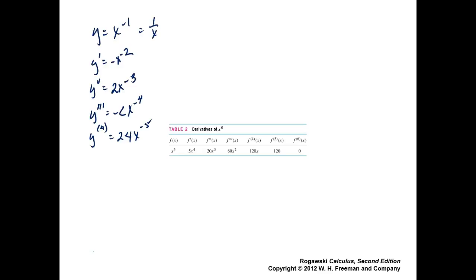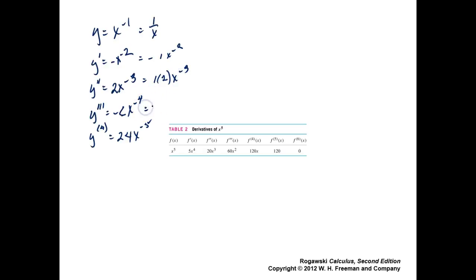I was multiplying out. In the book, they were fairly clever to do this. This would be a minus 1 times x to the minus 2. This would be a positive, let's do the same, 1 times 2 times x to the minus 3.